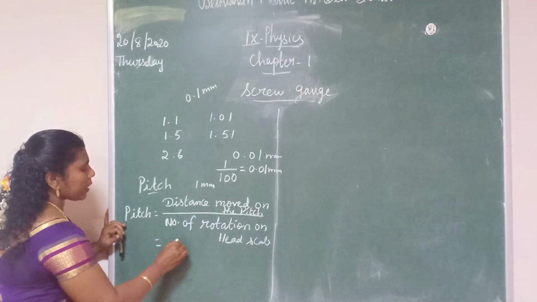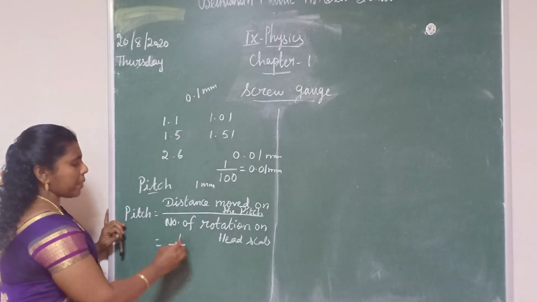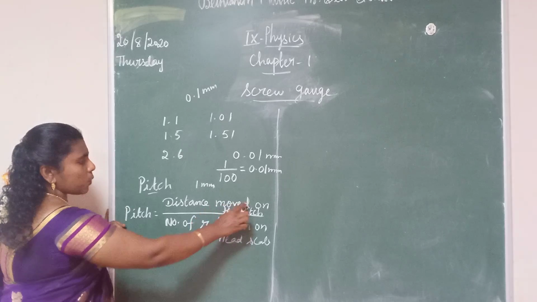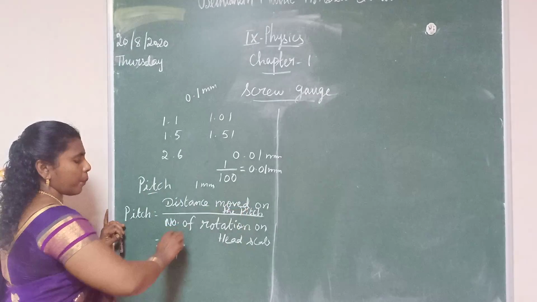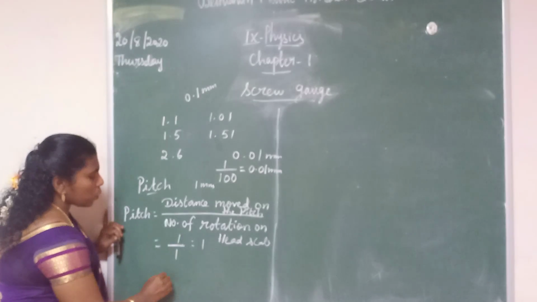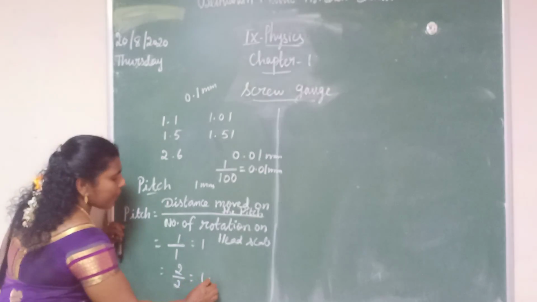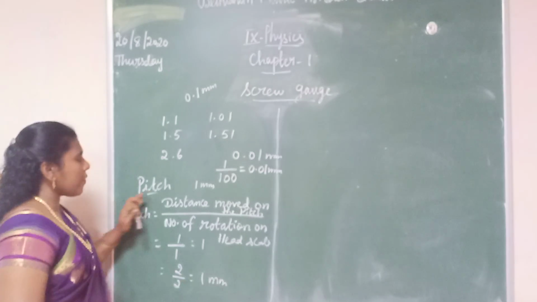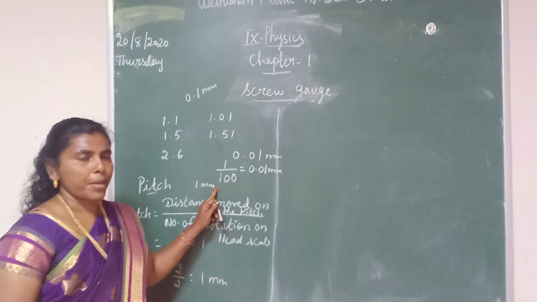For one rotation, the distance moved on the pitch scale is 1 millimeter, so 1 by 1 you will get 1. Suppose we give two rotations, the distance moved is 2 millimeter, so 2 divided by 2 equals 1 millimeter. So always you will get the pitch of the screw gauge as 1 millimeter.